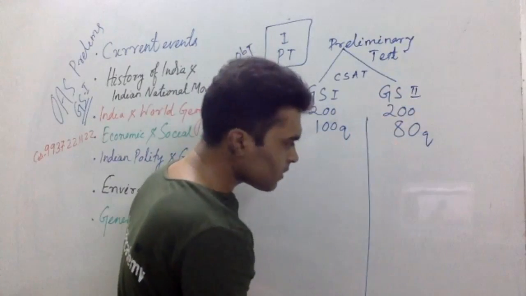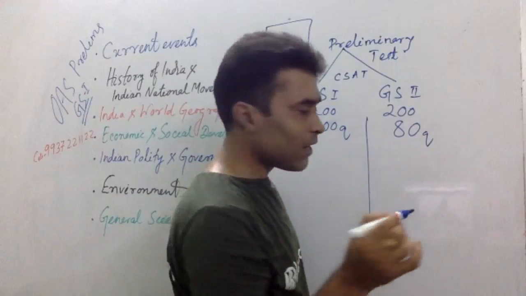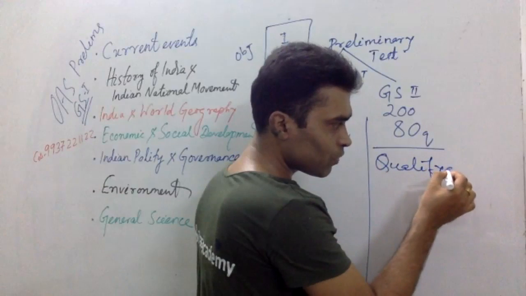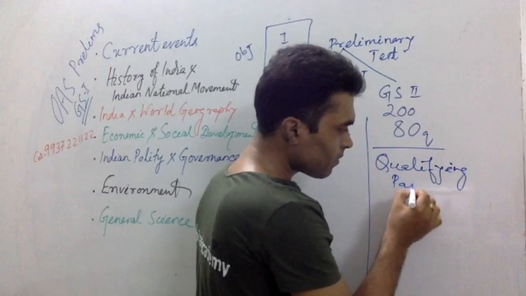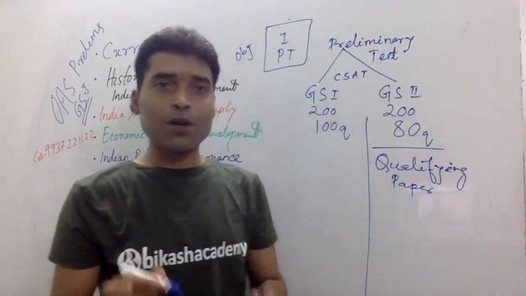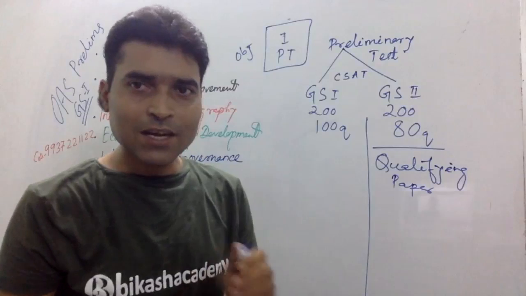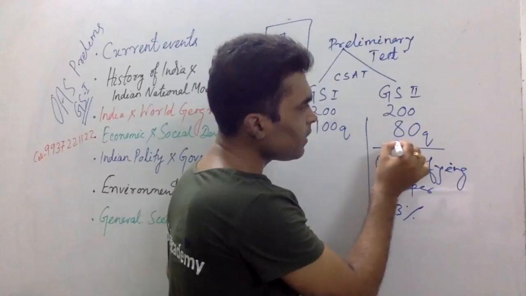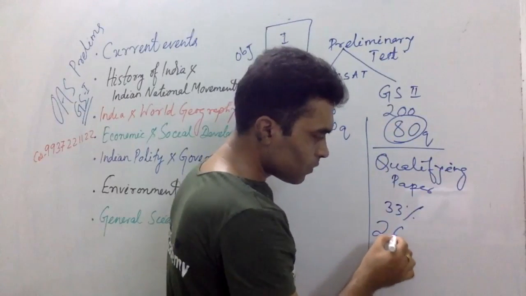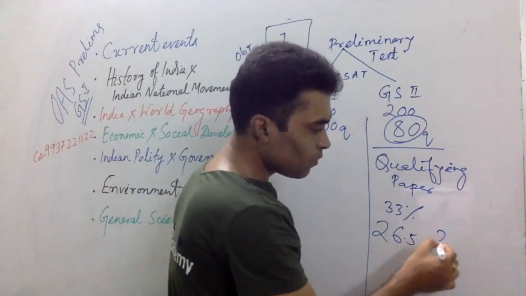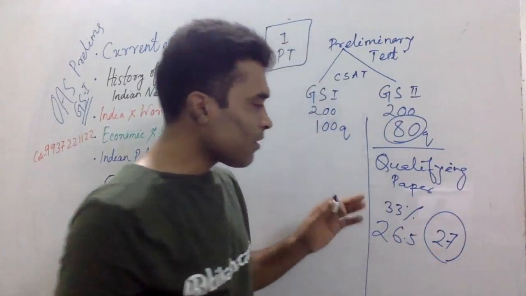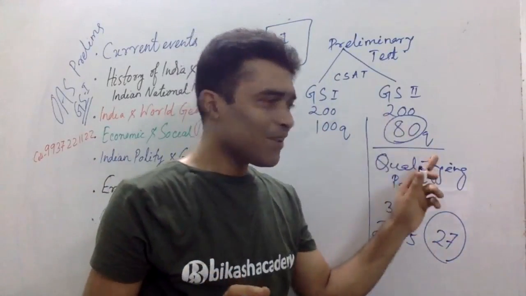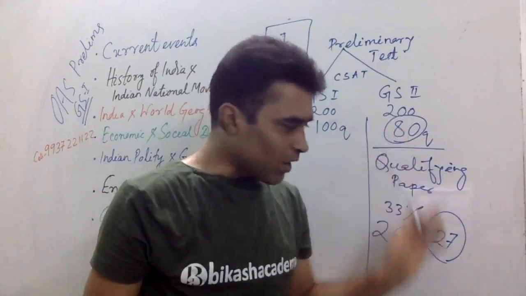Try to understand, this paper is qualifying by nature. So please remember this is qualifying. I will be dealing with this paper, no issue. Qualifying paper means you have to score only 33%. That means out of 80 questions, you have to answer 26.5 correctly, just round it to 27. If you have 27 questions correct, you qualified this paper.